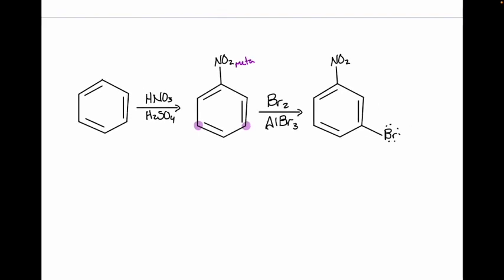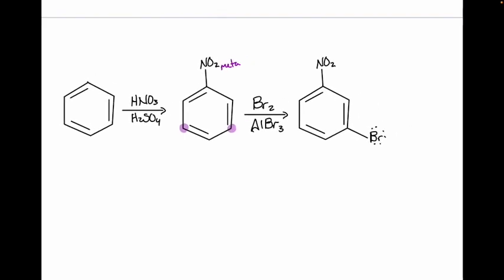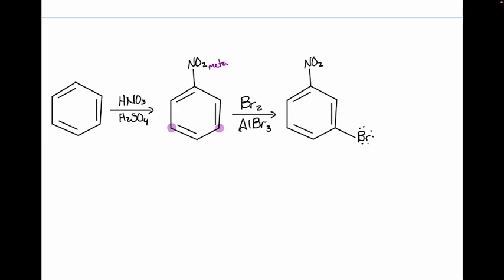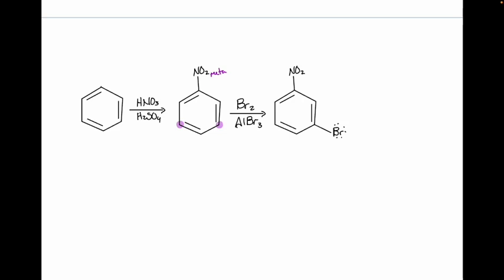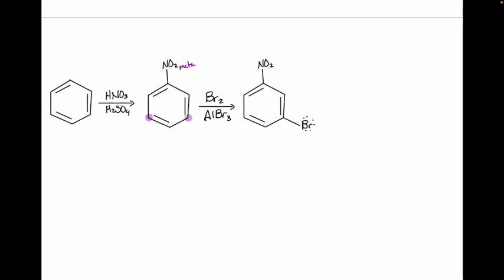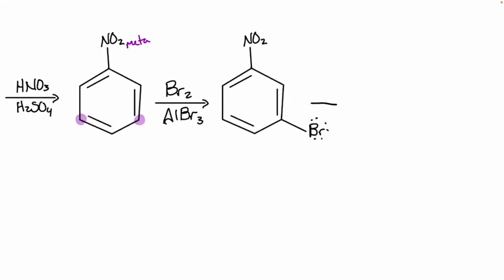Cool. All right, so now let's say that we take this and we're going to do yet another reaction with it, a third substitution reaction here. Okay, this time we'll add a chlorine on there.